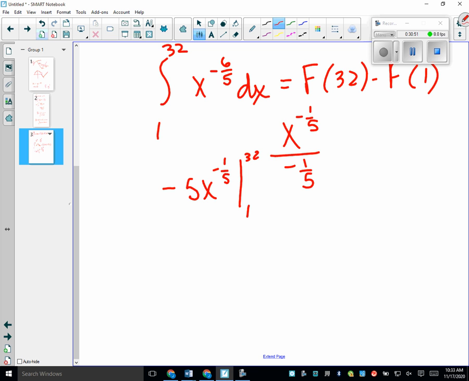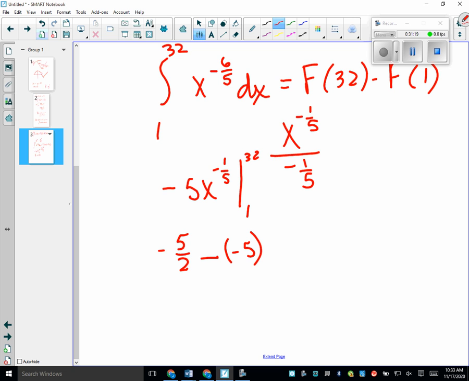Okay. So now I'm going to plug in the 32, which gives me negative 5 halves, minus, now I'm going to plug in 1, which gives me negative 5.